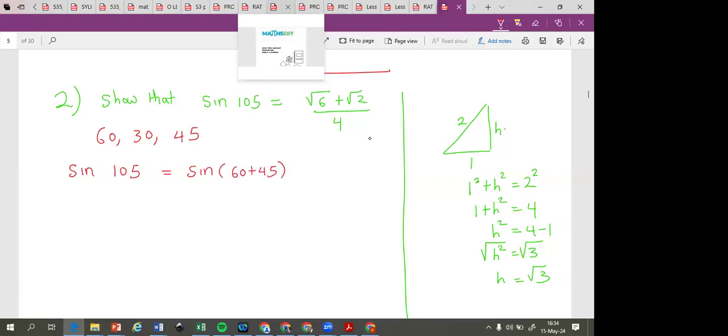Yes, Trisha? Sorry to take you back, but what if I have a question like find the value of sine 120 plus 45? I first tried finding cos, whereby from the isosceles triangle, my cos was root 2 over 2.